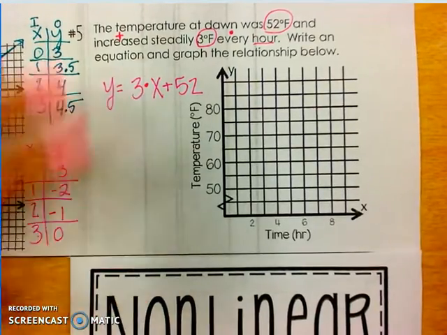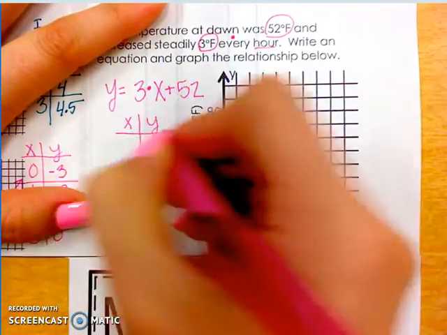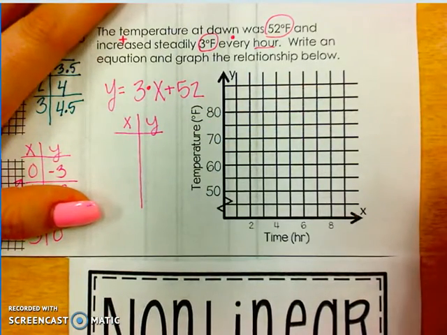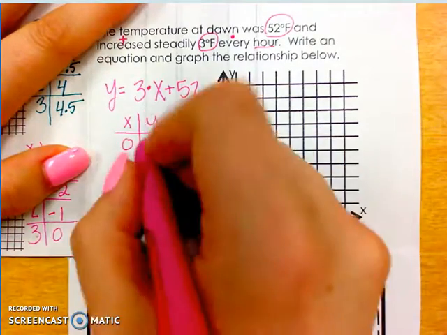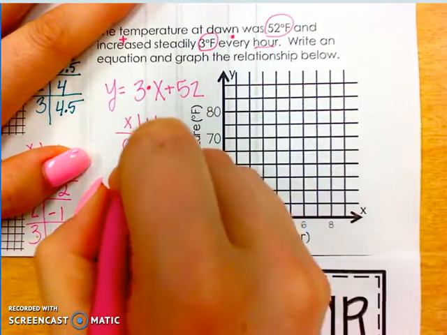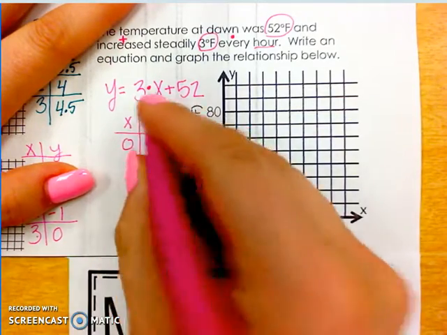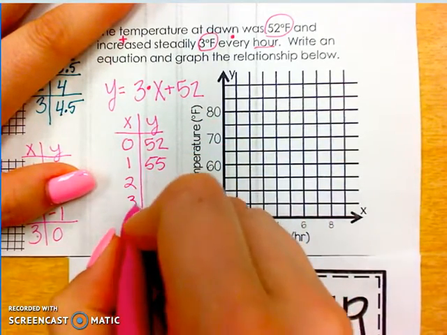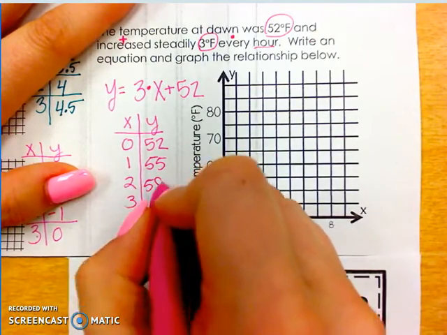And we're going to create a table to determine the temperature after dawn. Well, at dawn, plug in 0, we know it was 52 degrees. 1 hour later, plug in 1, 55 degrees. 2 hours later, it's 58 degrees.